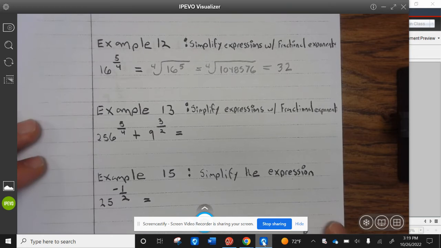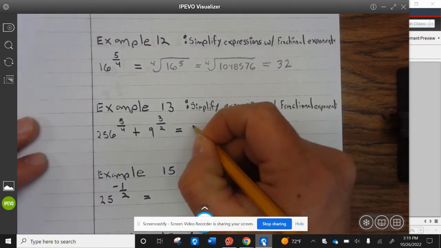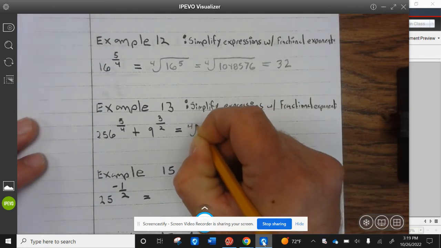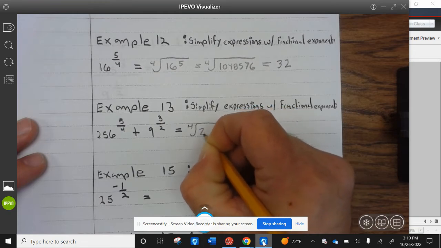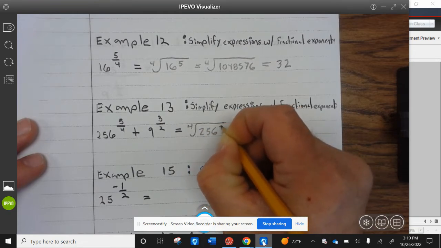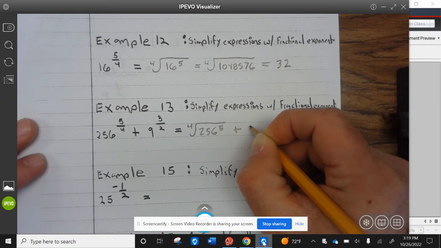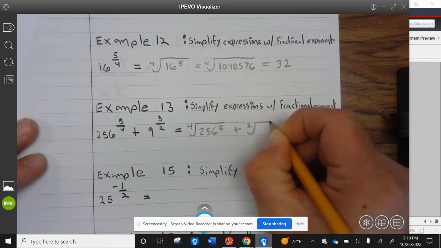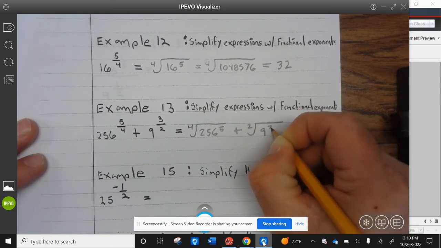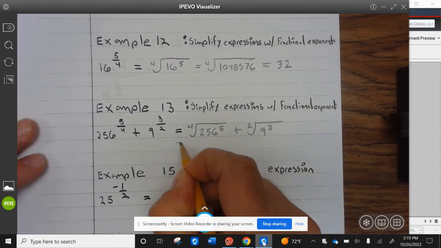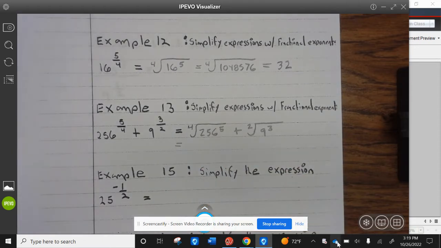Okay, example 13. So then this becomes the fourth root of 256 to the fifth power plus the square root of 9 cubed. So let's put in each of those pieces in the calculator.